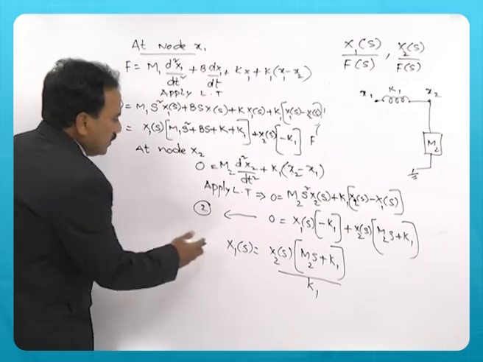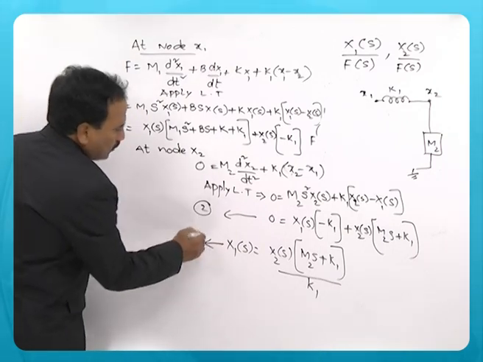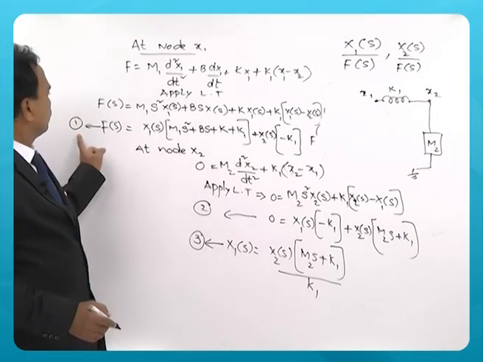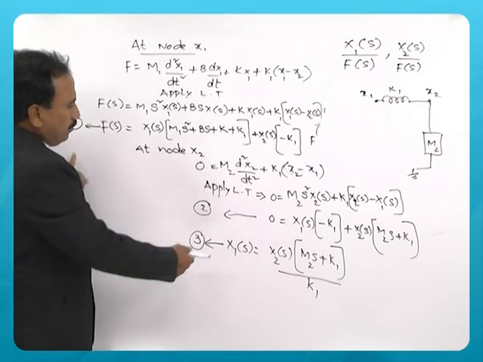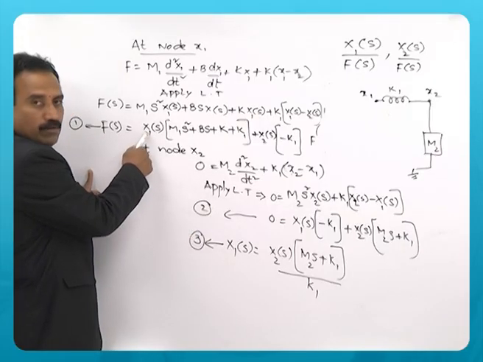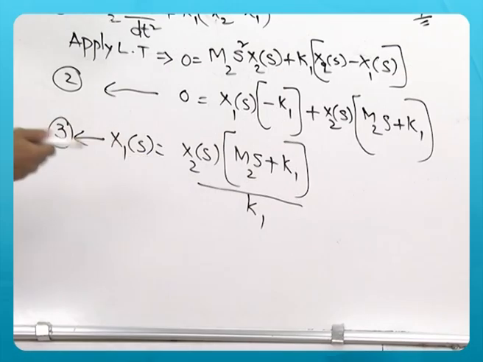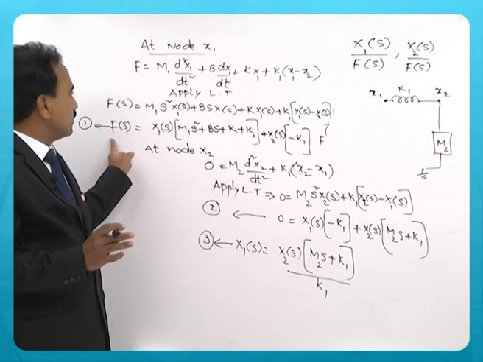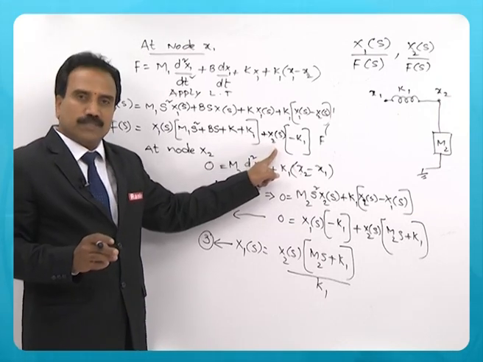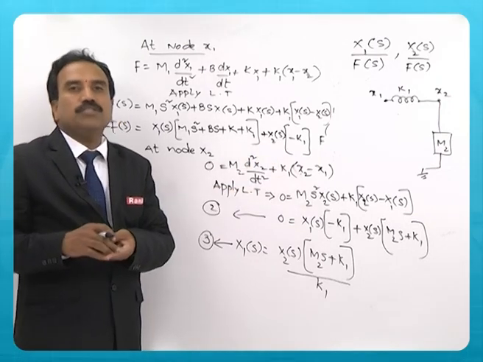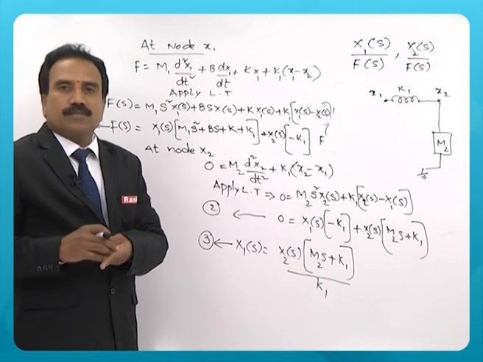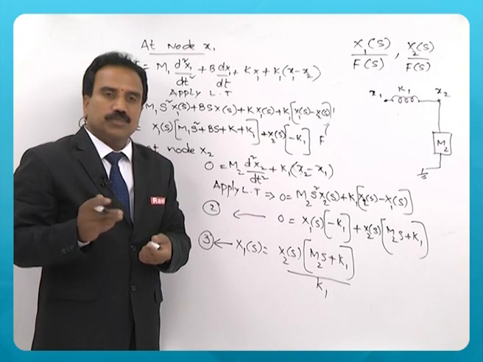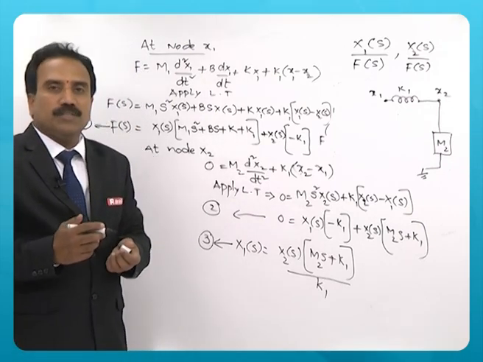Call this equation 3, and substitute 3 in 1. So in place of X1(s), if you substitute this term, then you will get two variables, one is F(s) and the other one is X2(s), and you get the transfer function X2(s) by F(s). So this is the way, when a mechanical system is given, you should be able to find the transfer function.